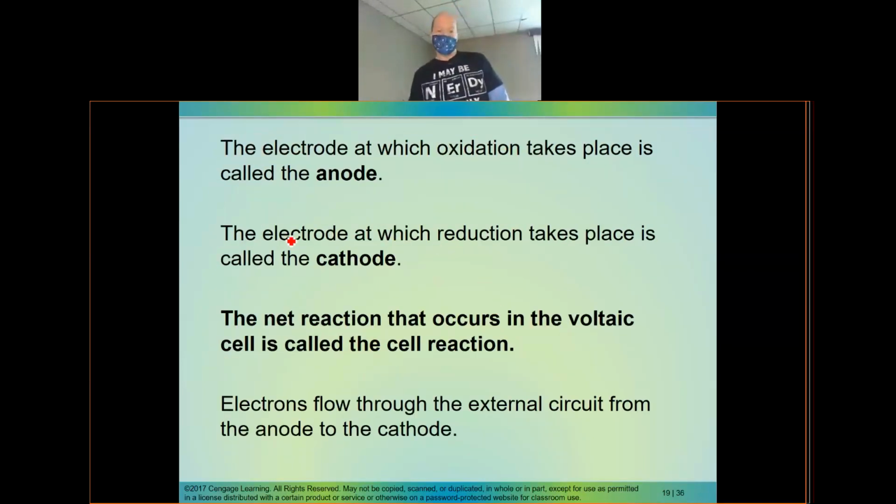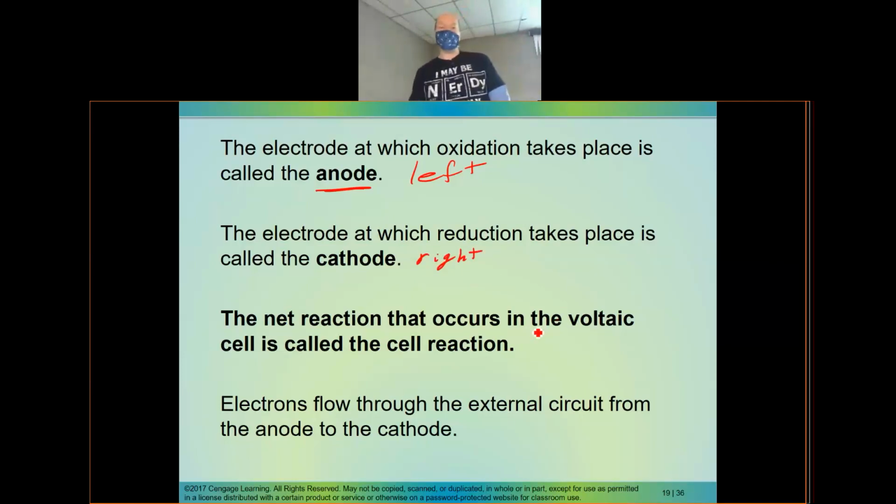All right, so the electrode at which the oxidation takes place is called the anode, and that will always be on the left. So when you draw your cell, the anode is always on the left. And then the cathode, that is where your reduction takes place, and that's always going to be on the right when you draw a cell.